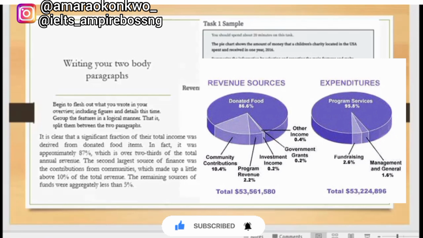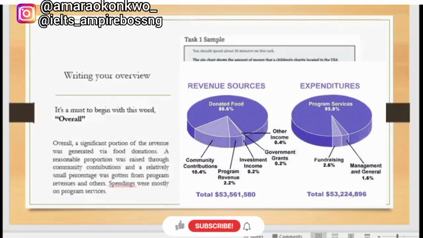Now, if you look at my overview, you'd see that I first of all talked about the revenue, and then I talked about the spending. So if you now want to talk about the body paragraph, you can decide to flesh out the first part you talked about in your overview in the first body paragraph, and then flesh out the second part in your second body paragraph.